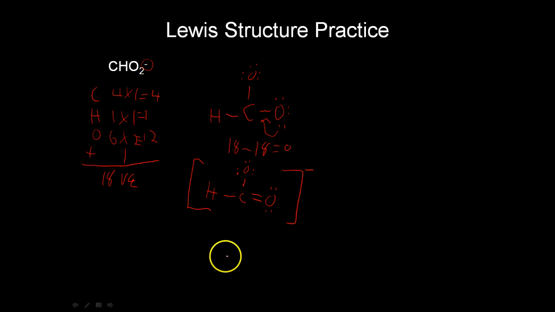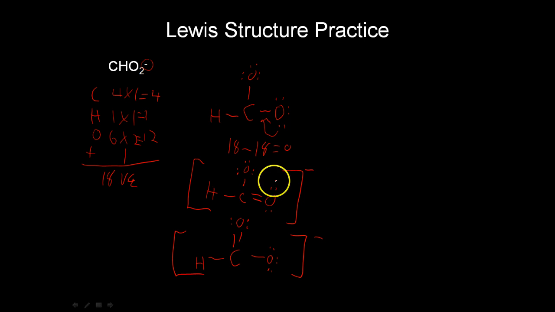A resonance structure for this would be, of course, the other oxygen having the double bond, and hydrogen. So here's the resonance form for it. Notice they're pretty much identical resonance forms.